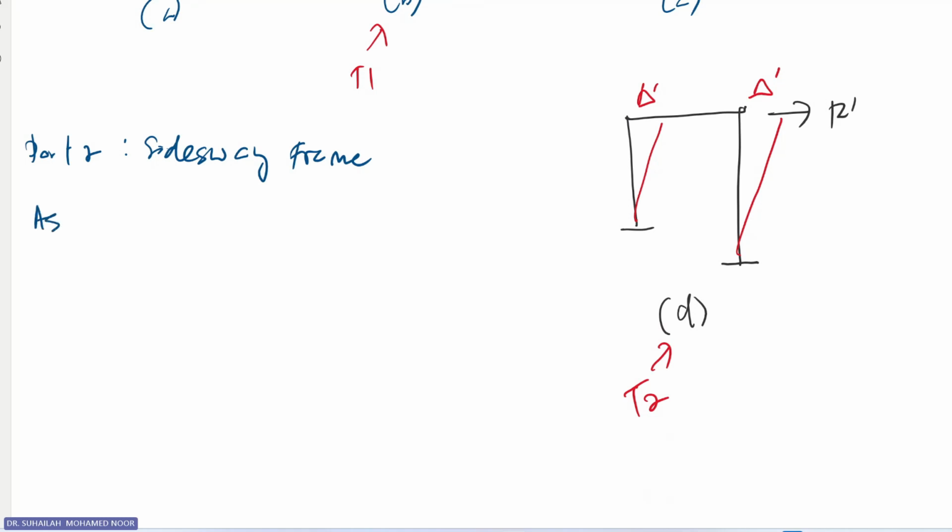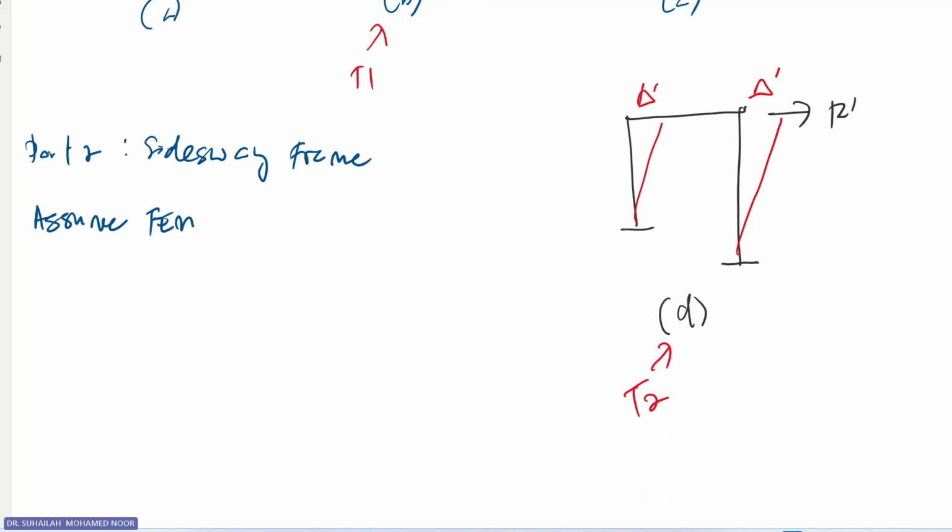We have to assume FEM. So we have FEM due to delta, and the formula is given. It is 6EI delta over L squared, that is the formula for far end fixed.